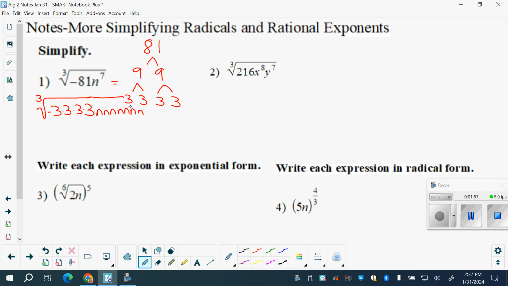And then what are we looking for groups of on this one? 3, because this is a cube root. This here determines what groups we're looking for. So we're looking for groups of 3. So we have 3 3s. What else do we have 3 of? One group of n's. We have a second one?